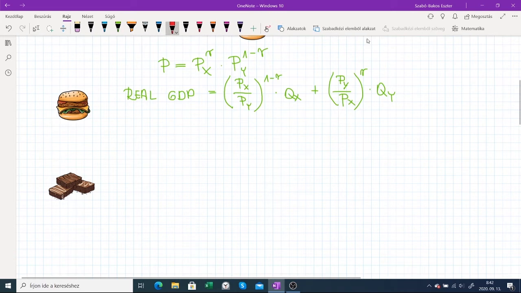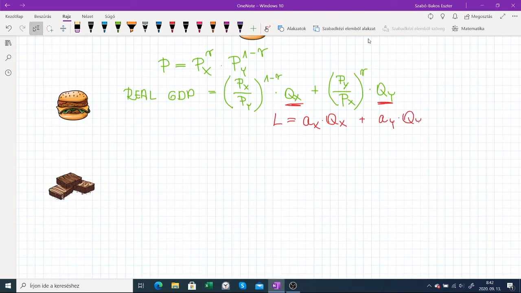In a closed economy, the qx and the qy are always on the production possibilities frontier function. And the production possibilities frontier function can be given by the following expression: L equals AX times QX plus AY times QY, where L is the labor supply.